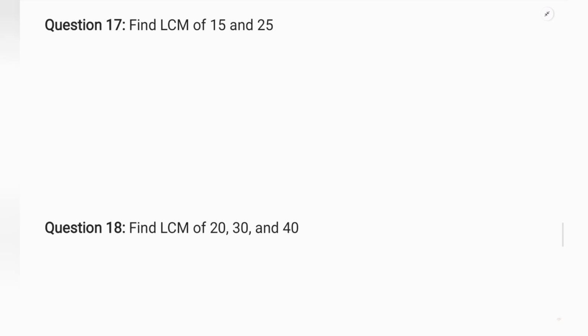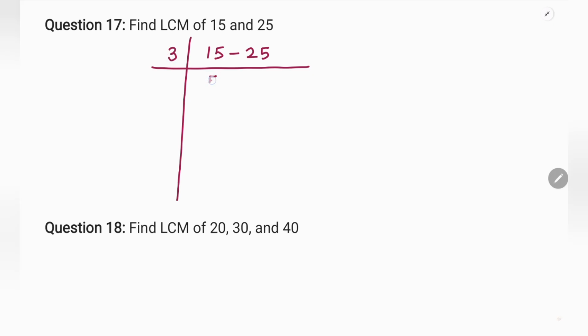15 and 25. I will again make this symbol and then 15 and 25. Is any of the numbers divisible by 2? No. So we will not divide with 2. Is any of the numbers divisible by 3? Yes. 15 is divisible by 3. 3 fives are 15. Is 25 divisible by 3? No. So you will write 25 as it is.